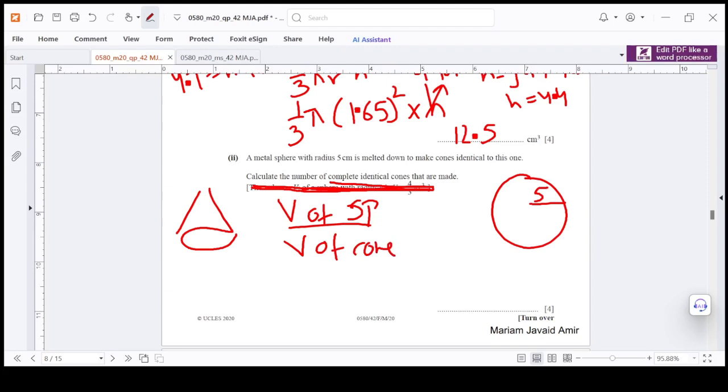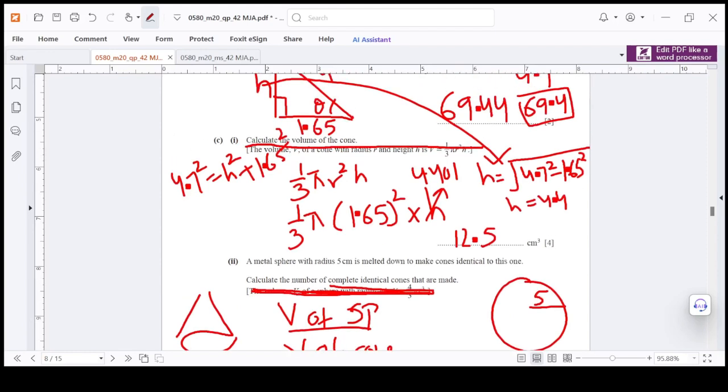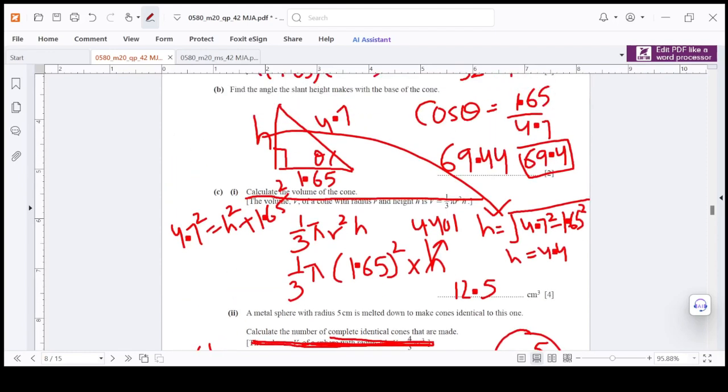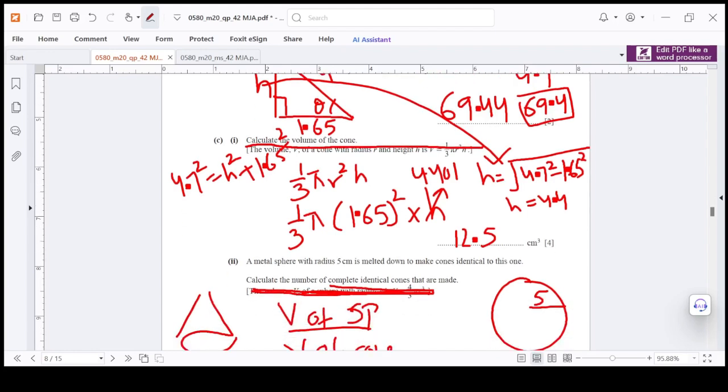So volume of sphere would be 4 over 3 pi r cubed, divided by the volume of this cone, which we had gotten earlier, I believe. Yeah, it's 12.5 something. So it's very important that you first write the entire answer here. We got 12.5468.